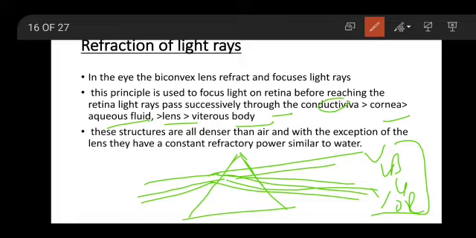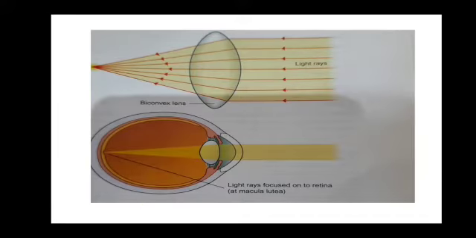What structure are we talking about? The fluid structure. What is the fluid? Aqueous humor and the vitreous humor. Both fluids are denser than the air. And why are we talking about air? Because the light coming from outside is present in air. Light is going from lighter to the denser medium here. So it refracts in the eye, and after the refraction it goes to the retina and we perceive the image.